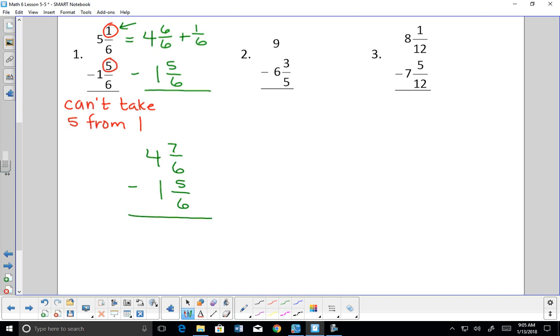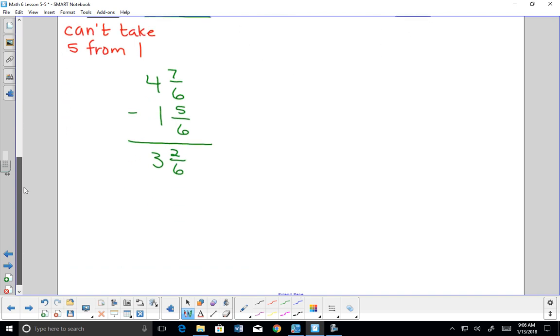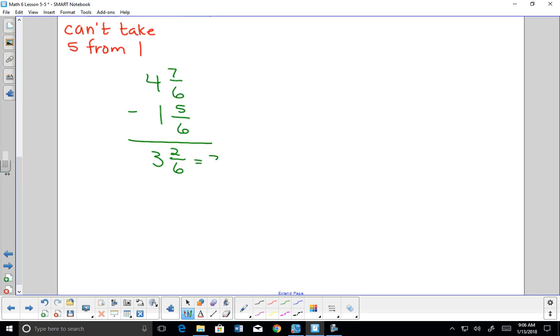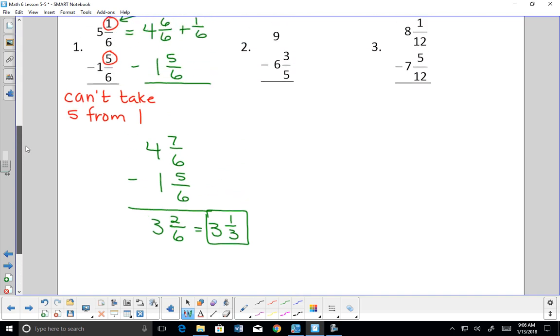So I get 3 and 2/6, but 2/6 reduces to 1/3, so this becomes 3 and 1/3. Hopefully by this time, you're able to reduce your fractions pretty much in your head. If not, show the steps on how you reduced it.